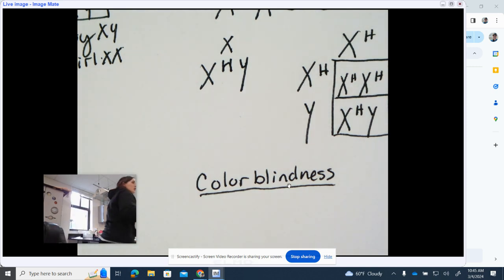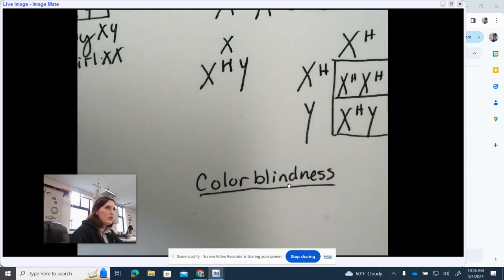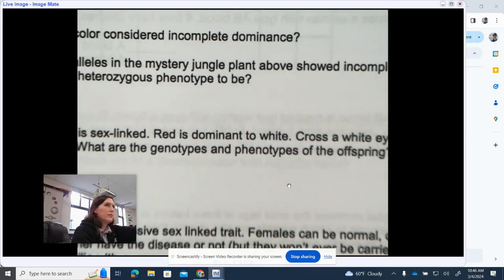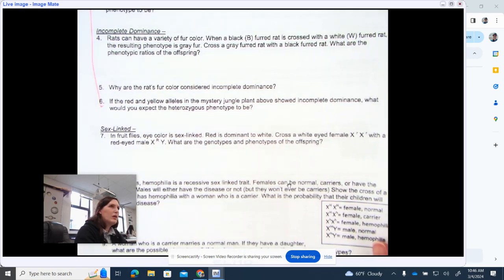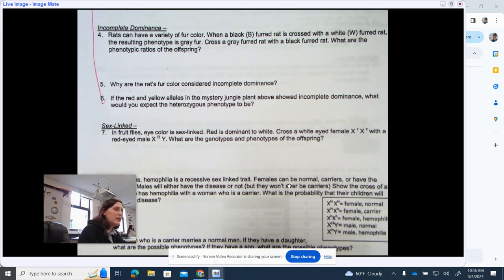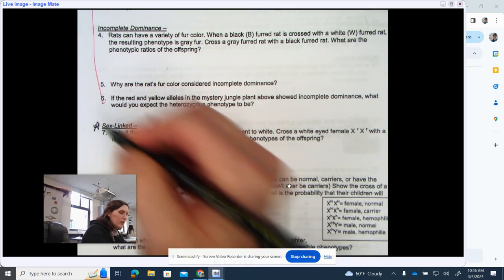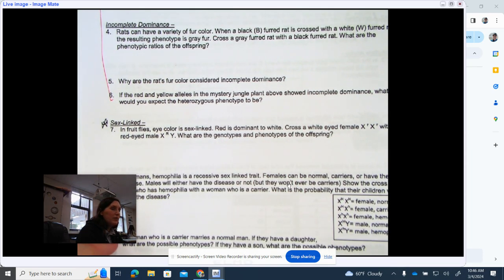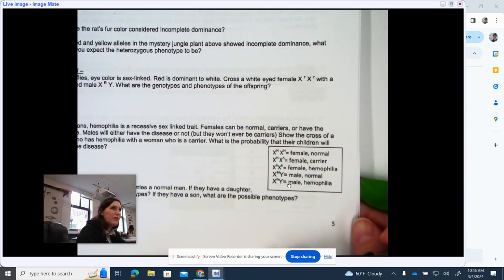All right, on your big genetics packet, I want you guys to start down here. You're going to start with the sex-linked first. You guys should be able to do 7, 8, 9. This is on page 5 in your packet.